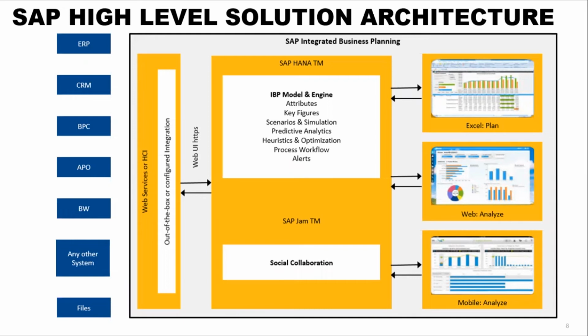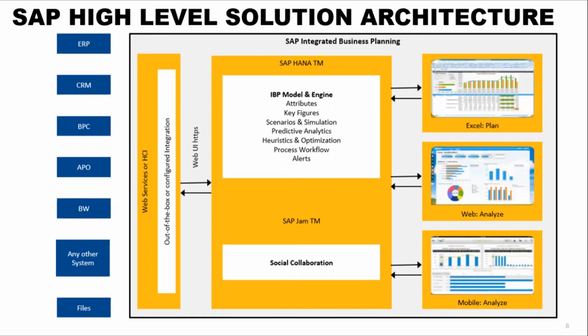Now, if it is not an APO or SAP-relevant system and some other system is there, we have the flexibility of web UI interfaces. With the help of that, you can also integrate the data. Or if the data is in the form of flat files or Excel files, still you can get that data through data integration jobs. All those integration setups are there to connect with different sets of systems from outside. So we have that flexibility.